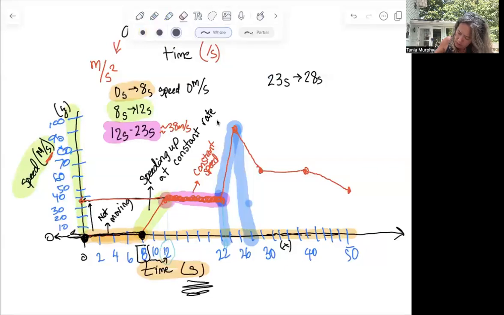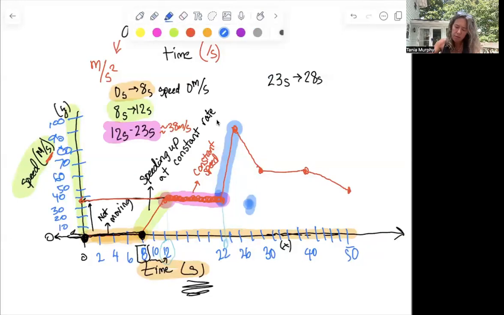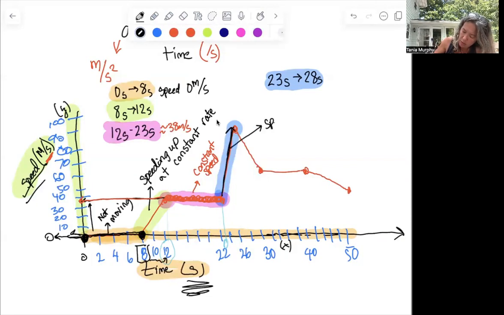Let me clean this up a little bit. Sorry, team. So between 23 and 28 seconds, what is happening to our speed? If we look, it looks like we're moving up, and on the y-axis, that's speed. So once again, we are speeding up.